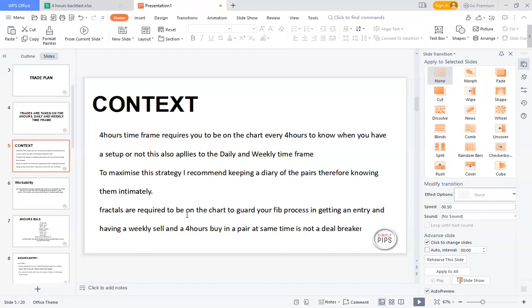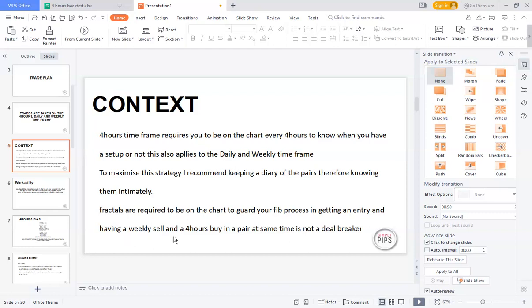I use that as my advantage to know, okay, this is where I want my TP to be. This is the most recent fractal on the weekly or on the daily, so that I can take out my trade or close my trade as early as possible.